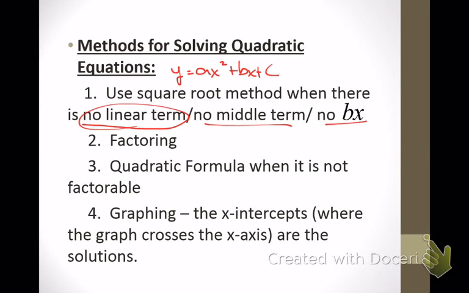If the highest power was a 1, it was called a linear function. So your linear term is always this guy that is your x to the first term. If that's gone, so that you just have an a and a c, then you can use the square root method. Okay, and we'll review that in just a second. All right? If there is a b term, you cannot use the square root method.